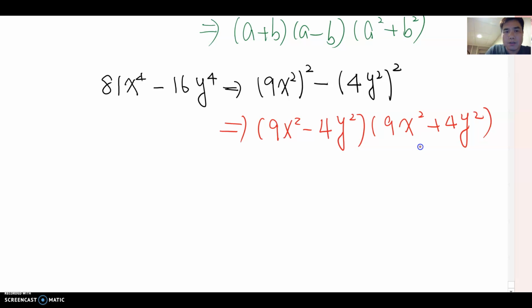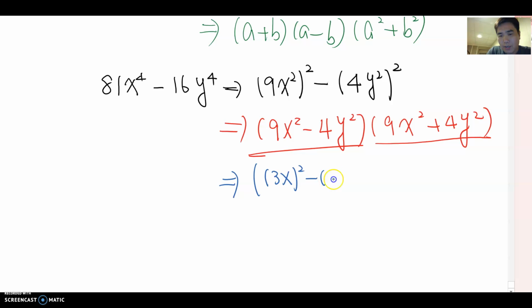Again, this is already prime, but you should think about whether we can do it one more time. Can we do one more time? Yes, we can. So you can rewrite it as 3x squared minus 2y squared, and then this term the same, 9x squared plus 4y squared.